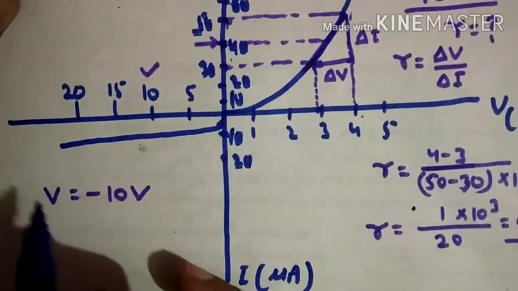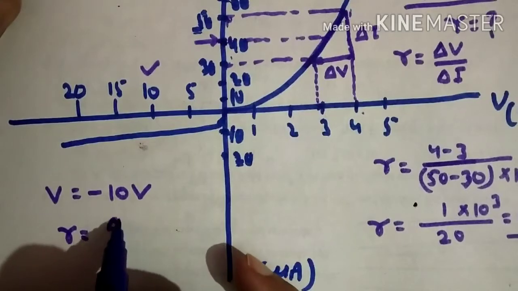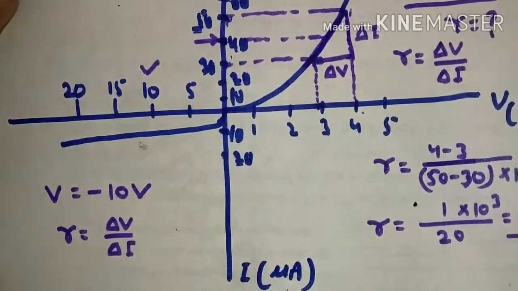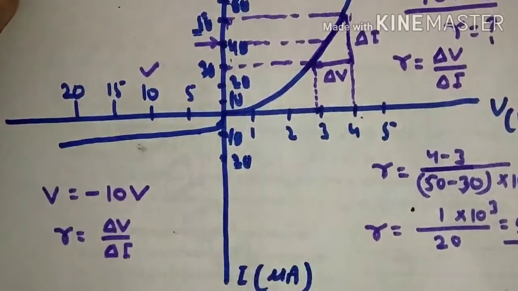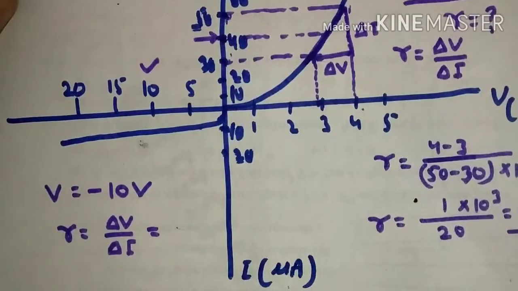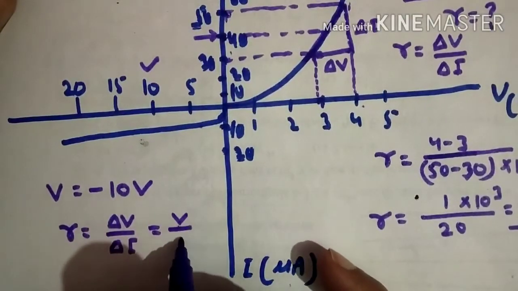So again in the reverse biasing, I will find the dynamic resistance delta V by delta I. But here the current is almost independent of the voltage, so current is constant. So simply we can write V by I.